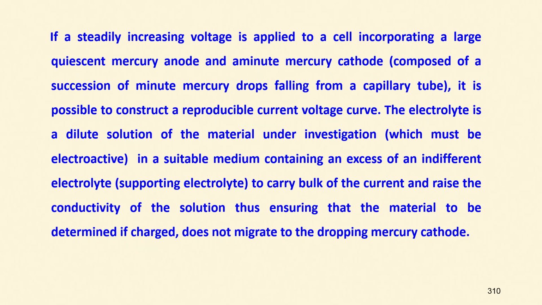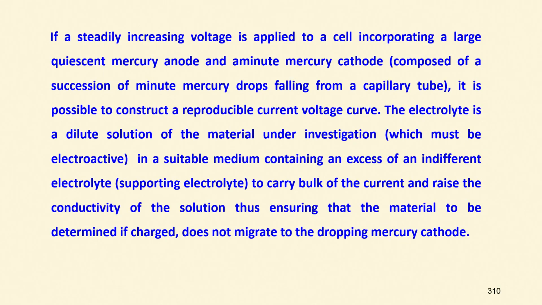So, I have a stagnant pool of mercury connected to the anode, and a minute mercury cathode. I have two electrodes, one is a dropping mercury cathode and another is a mercury anode.